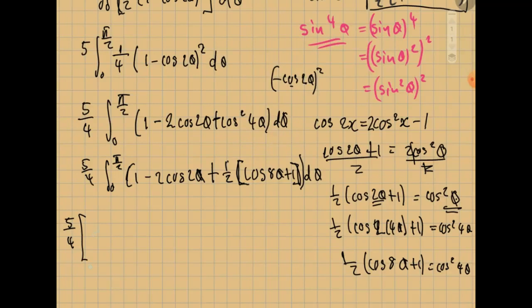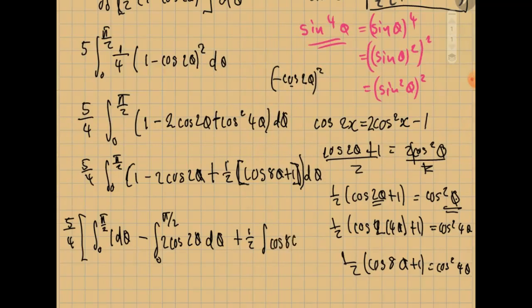And the first is the integral from 0 to pi over 2 of 1 with respect to theta. Then minus the integral of 2 cos 2 theta with respect to theta from 0 to pi over 2. Then plus half is a constant, it can go outside. Then the integral of cos 8 theta plus 1, all with respect to theta.